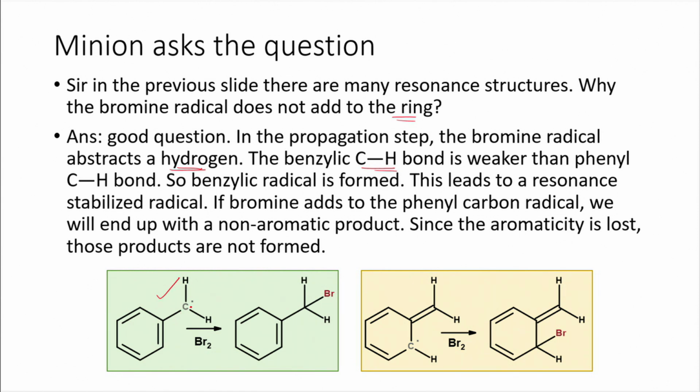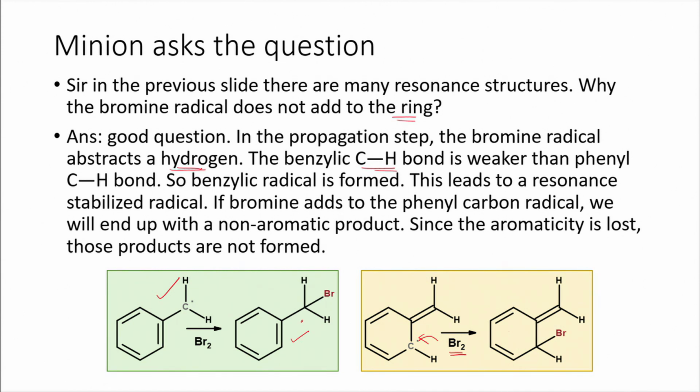Now, when this benzylic radical is in resonance with the aromatic system as shown here, if bromine now adds to this particular radical in the aromatic system, we end up with a product as shown here. In this particular case we completely lost the aromaticity. This is a very high cost for that molecule, because this molecule is going to be less stable compared to this particular aromatic system.